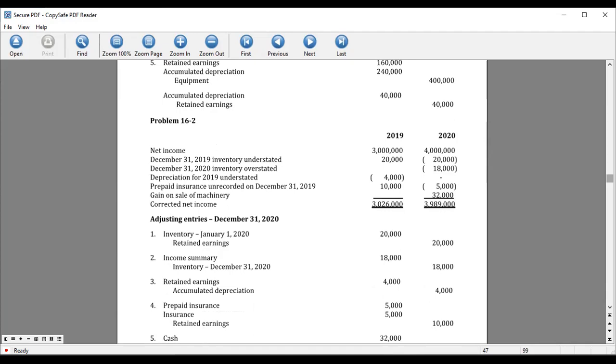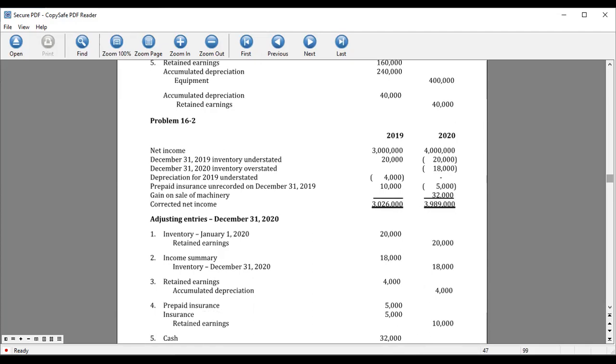First, in an audit for the current year, the following errors are discovered. December 31 inventory understated on December 31, 2019, but on December 31, 2020, it was overstated.